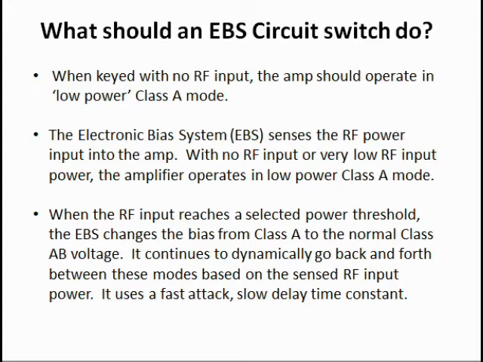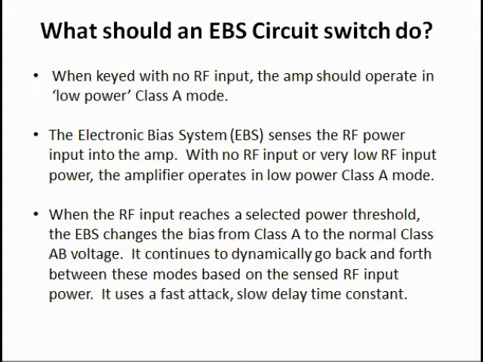When there's no RF input, the amplifier should operate in low power Class A mode. This reduces any distortion on the weak signals going into the amplifier. When the electronic bias circuit senses the RF power input to the amplifier, it will then change the amplifier from Class A mode to Class AB mode.